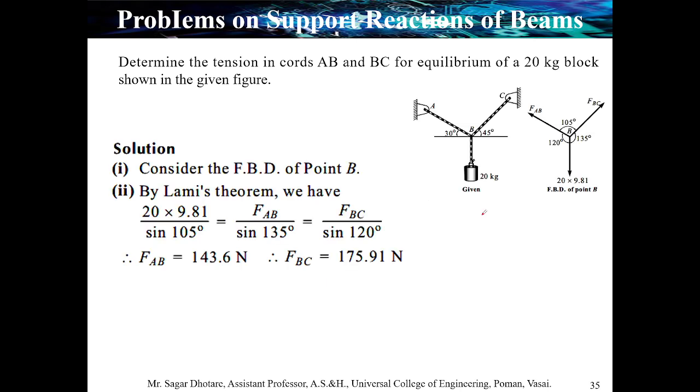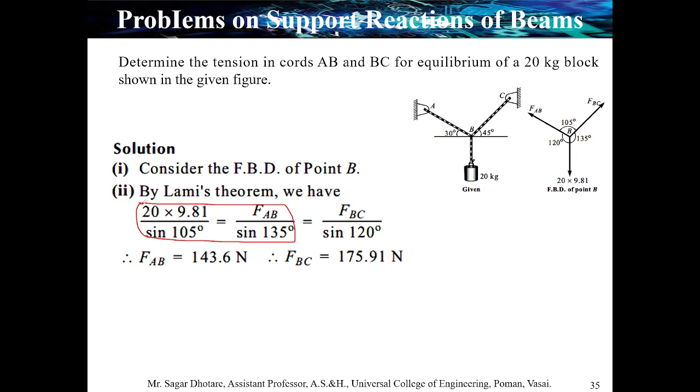Equating the first and last, 20 into 9.81 divided by sine of 105 equals F of AB divided by sine of 135. When you solve this, you get force AB equal to 143.6 Newton.